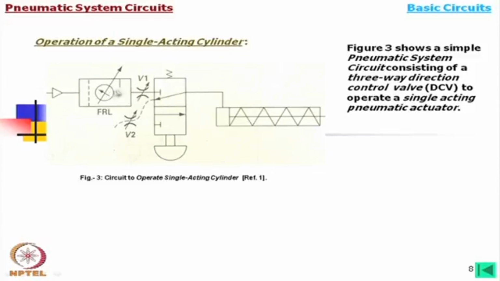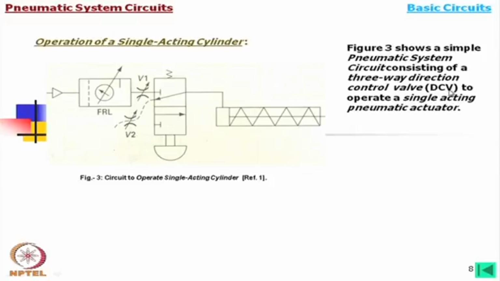Now, this is an FRL unit, and this indicates that this is from the common source. Now, what happens? This is a simple pneumatic system circuit consisting of a 3-way, 2 position direction control valve. In hydraulics, normally we use the word DC, with D and C small usually.